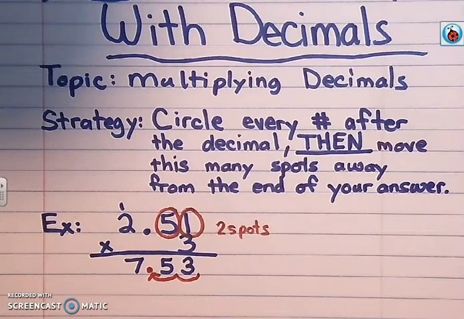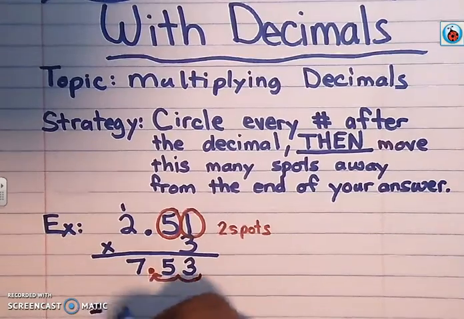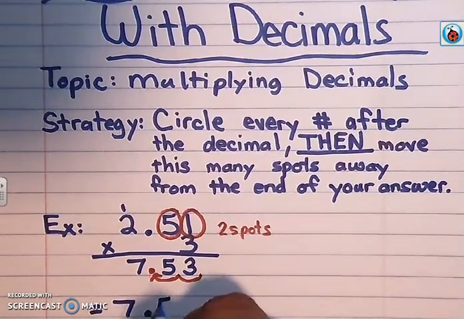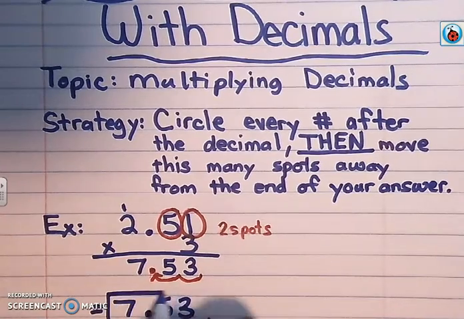Now I know some of you are going to say, well, that's the same thing as if I would have brought the decimal straight down. But I don't want you doing that, because when you have more decimal place values, you're going to end up with different answers. So here, our final answer for this problem would be $7.53.